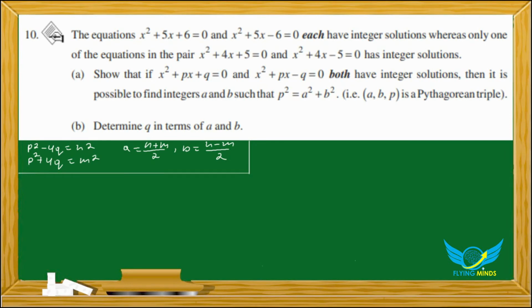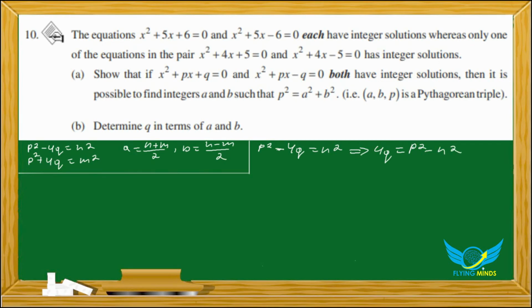Okay, so let's pick up the first discriminant, right? So p squared minus 4q equals n squared. From here we need to express 4q. So 4q equals p squared minus n squared.